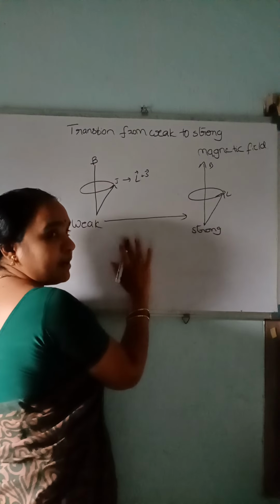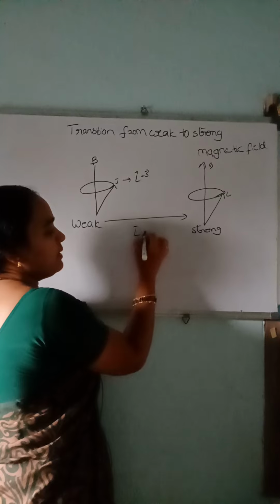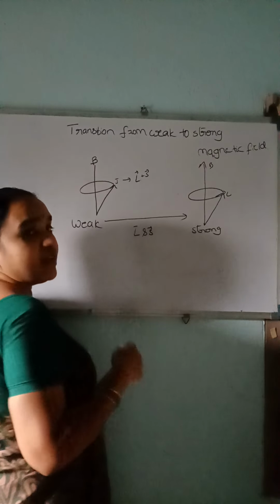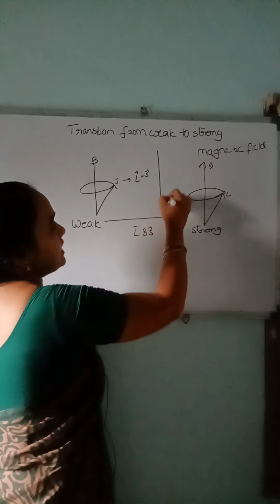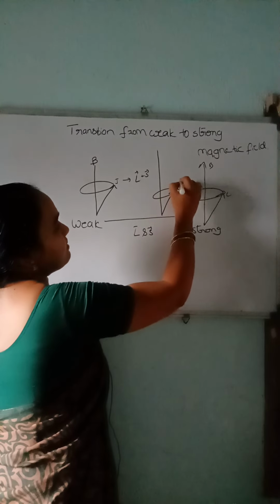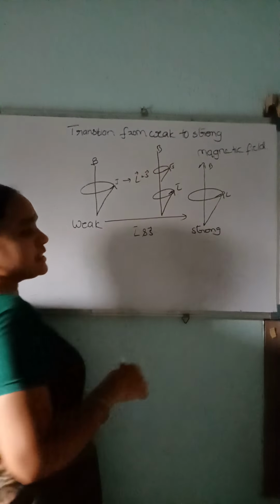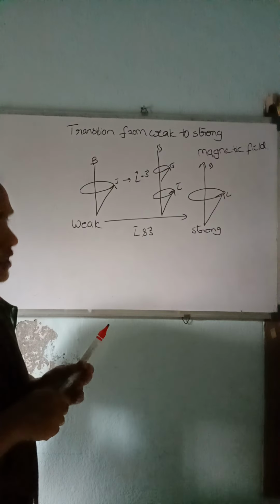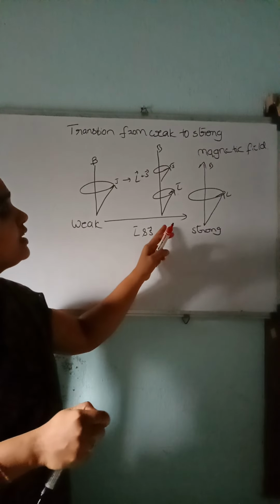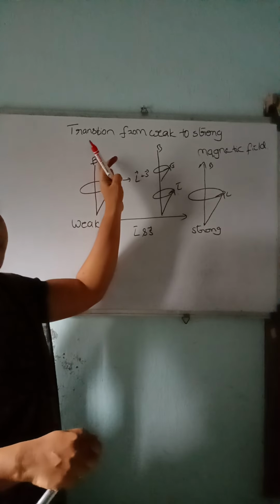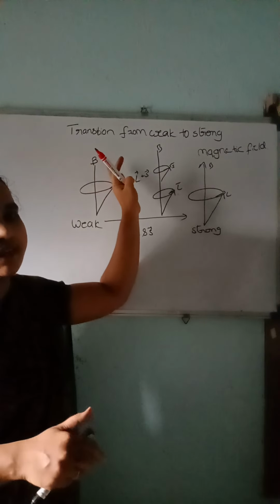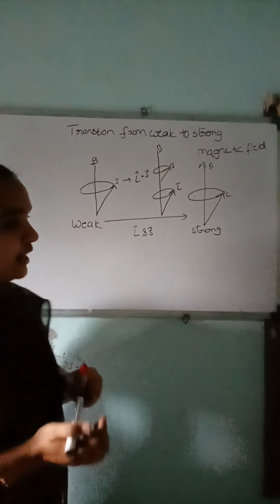By increasing the magnetic field, the coupling between L bar and S bar will break up. That is, this L bar as well as S bar will revolve around the external magnetic field. So this is the main important phenomenon, the transition from the weak magnetic field to strong magnetic field.